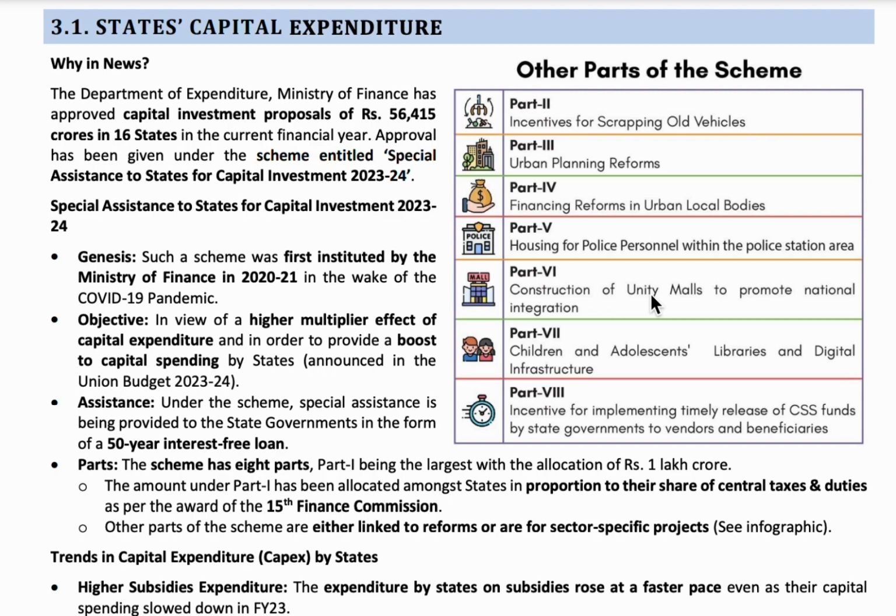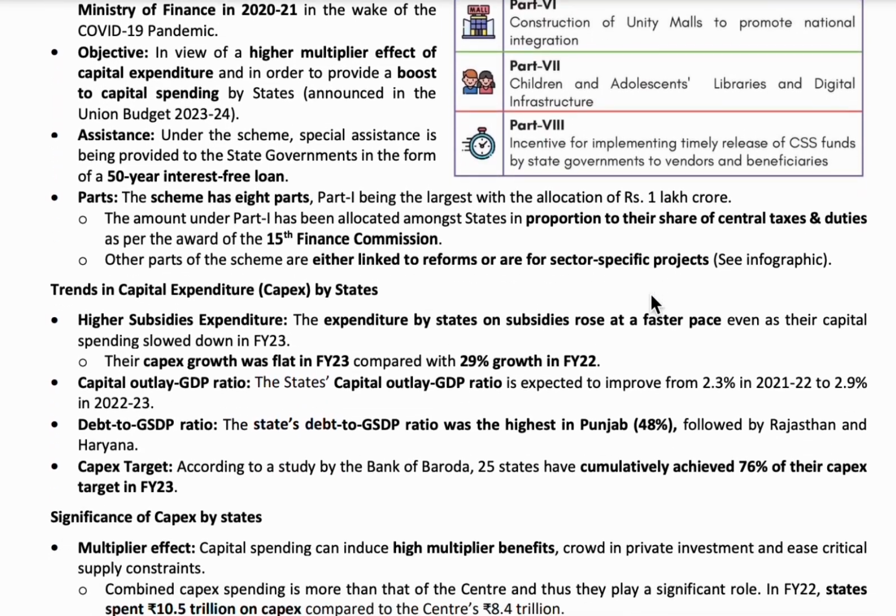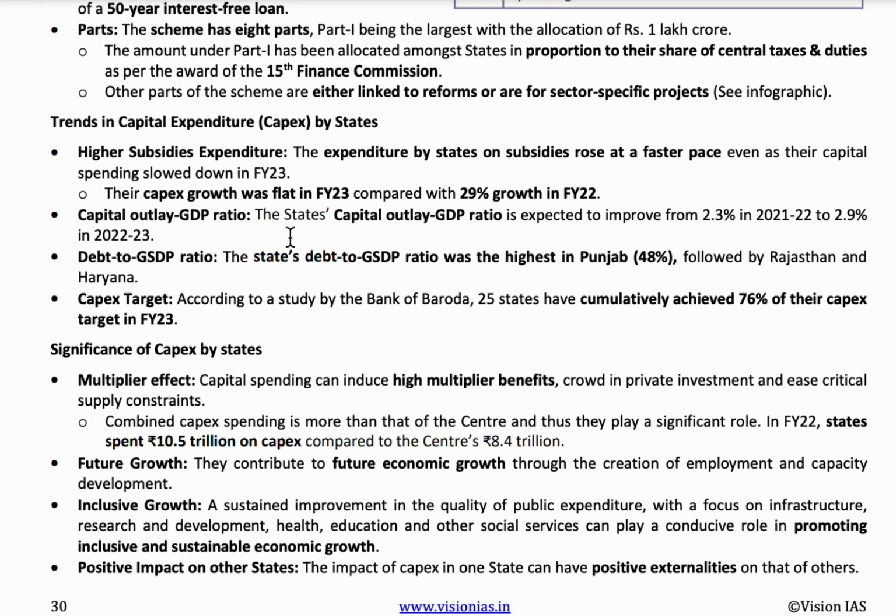Here, one more important concept to learn is the debt to GSDP ratio. It means the ratio between the debt of the state to the overall income of the state. So if the debt is more than its income, then the state is under economic crisis.